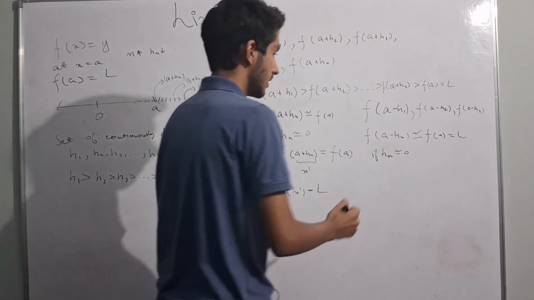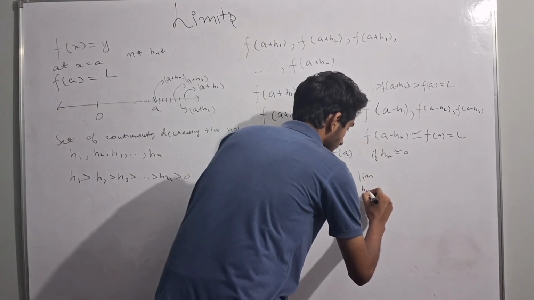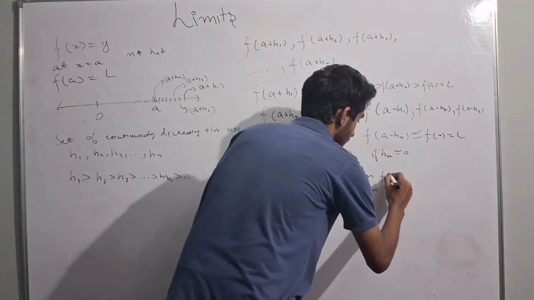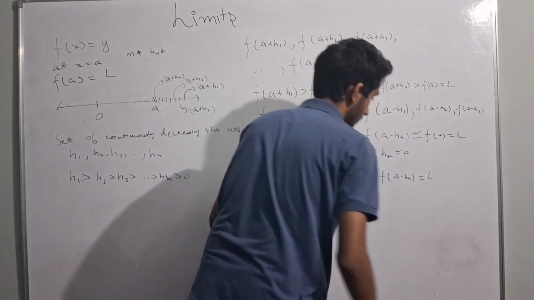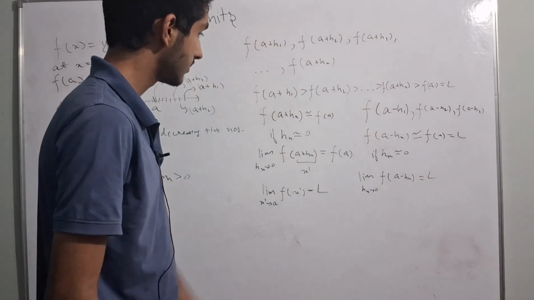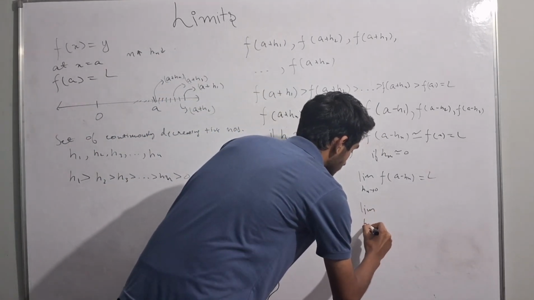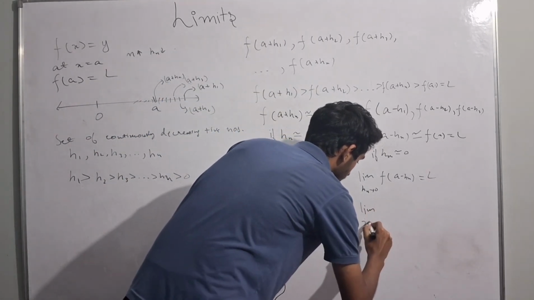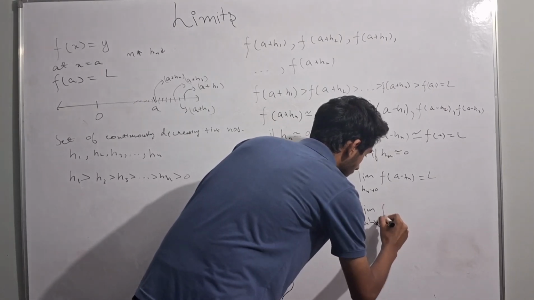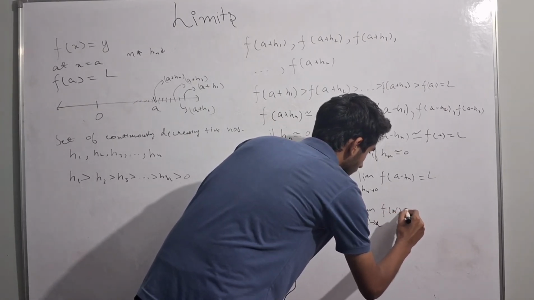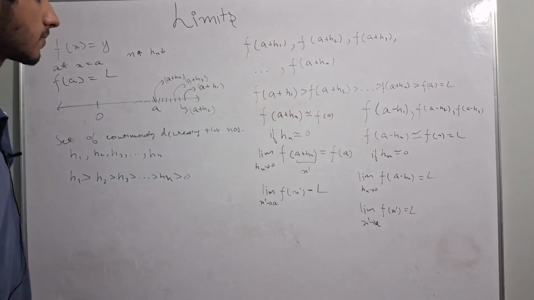That means I can rewrite it as limit hn tends to 0, function of a minus hn is equal to L. So using the same concept, I can rewrite it as limit x prime tends to a, function of x prime is equal to L. So this is what a limit is.